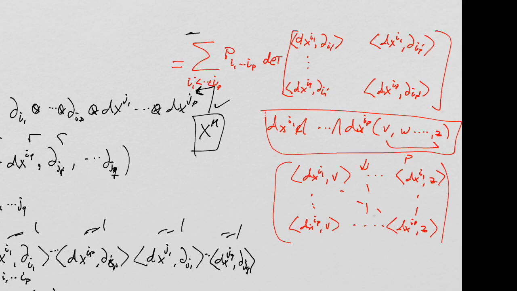That matrix determinant is always the answer. So each term of the sum, you're going to get that determinant in there.